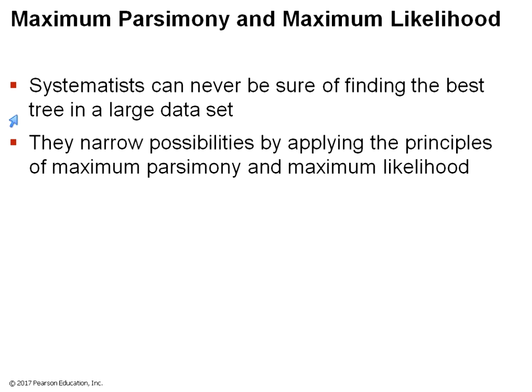Now, systematists can never be sure of finding the best tree. Okay, so if you've got a really big data set, then you're kind of guessing how that data set should be put together in order to get the best tree. One of the ways that it's done is by doing maximum parsimony and maximum likelihood.